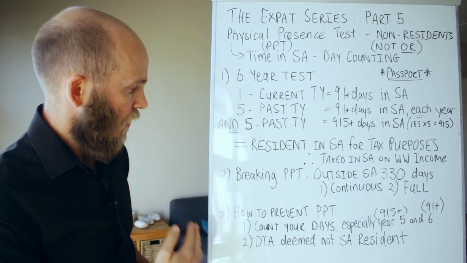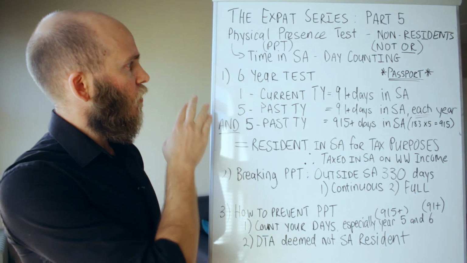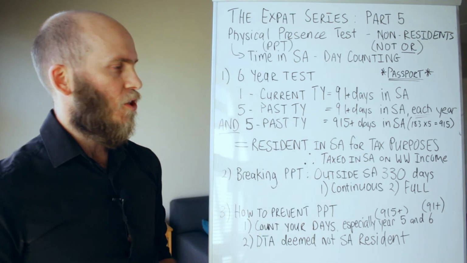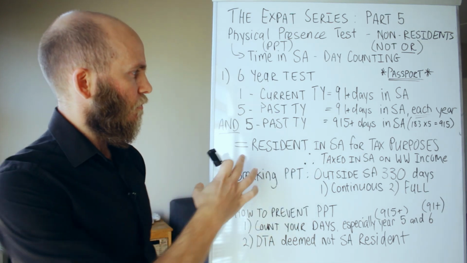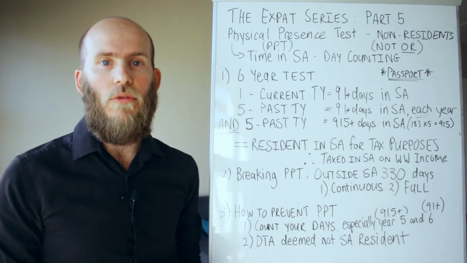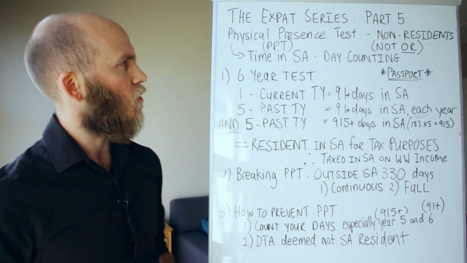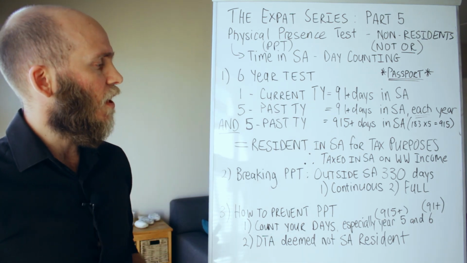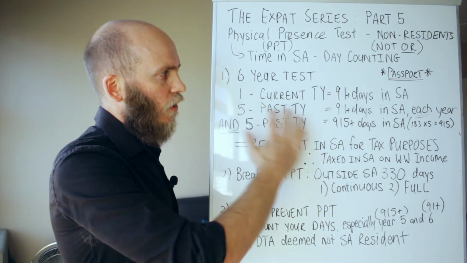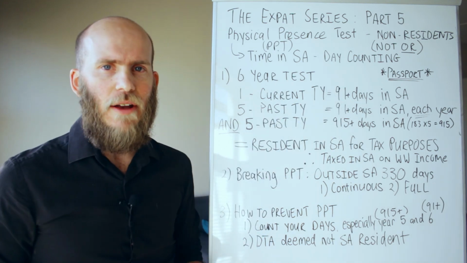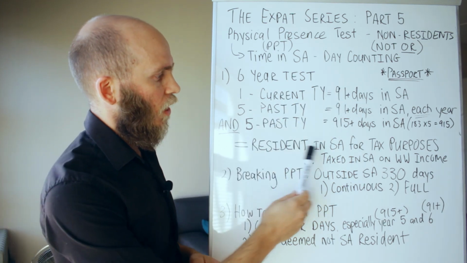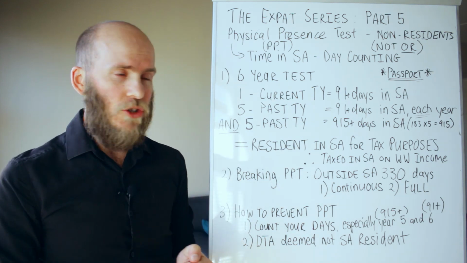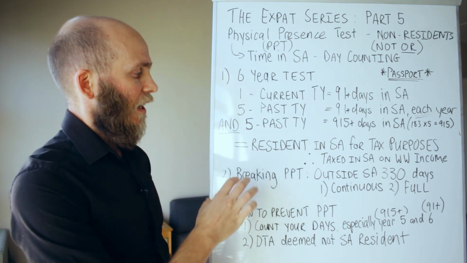Point number 2 is if you are now a resident in SA for tax purposes. You're a non-resident, but because you've now passed or failed, I don't know which one is more accurate, if you failed the physical presence test and you end up qualifying to be a South African taxpayer, the distinction between those wordings is very difficult.